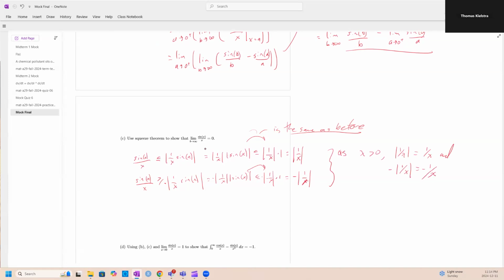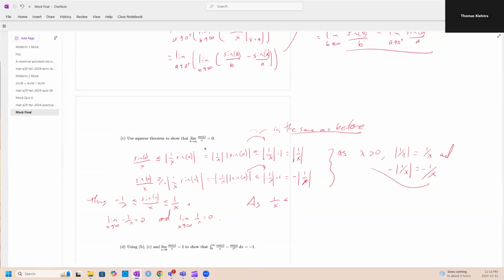We're going to go with this second statement, meaning minus 1 over x is less than or equal to sine x over x, which is less than or equal to 1 over x. Now, the limit as x approaches infinity of minus 1 over x equals 0, and the limit as x approaches infinity of 1 over x equals 0.